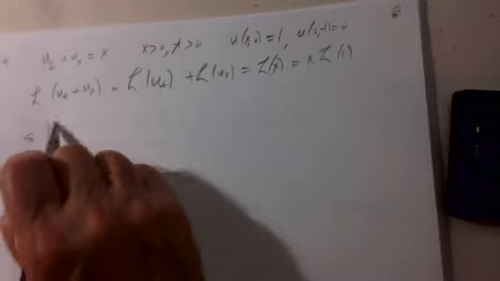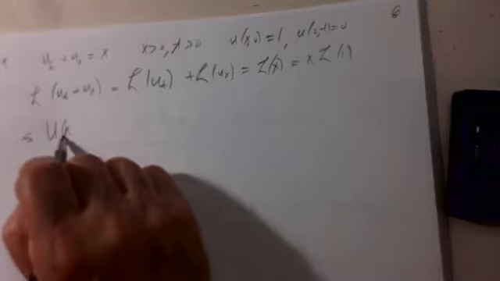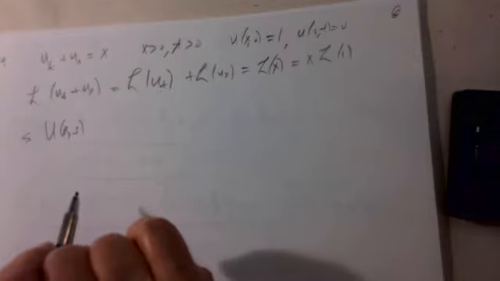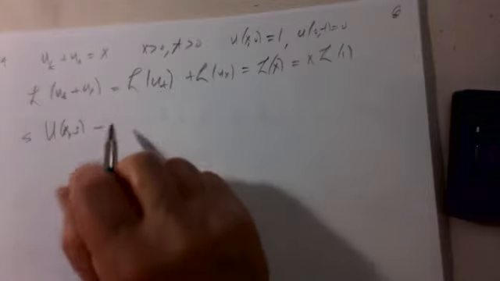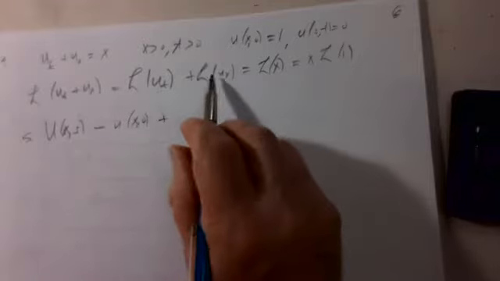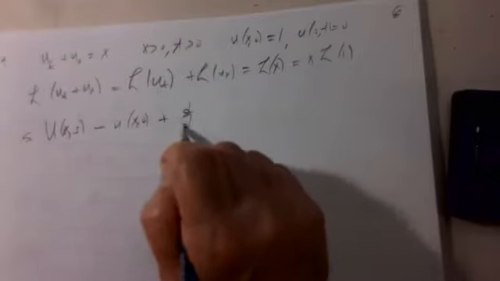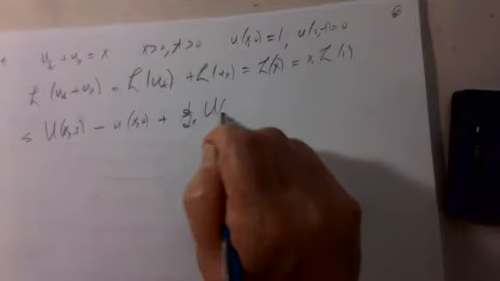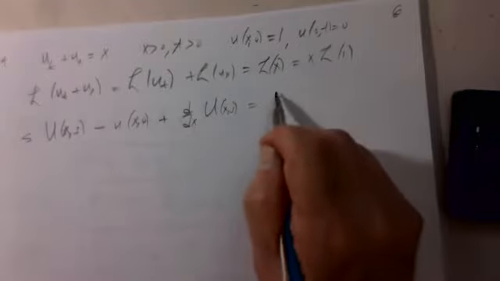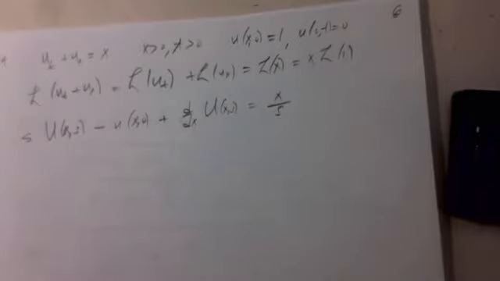This is s, capital U of xs, minus u of x0 plus, and this is the derivative with respect to x of u of xs, equals x times the Laplace transform of 1, which is 1 over s.